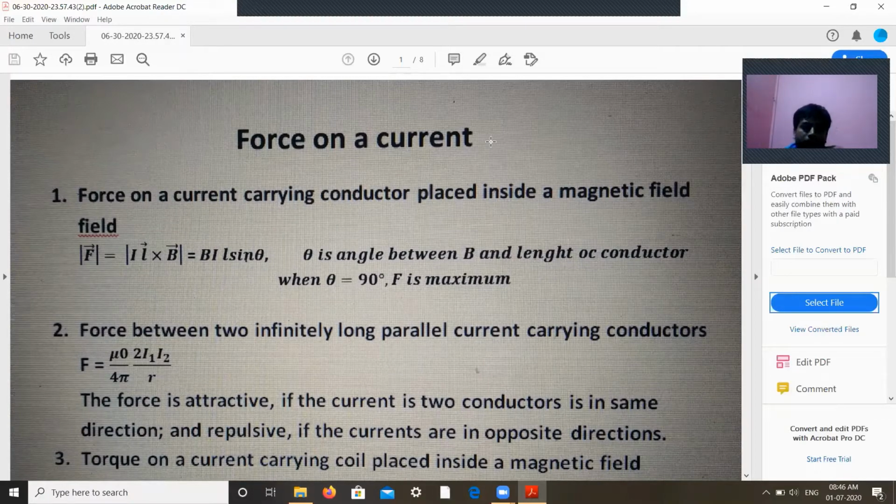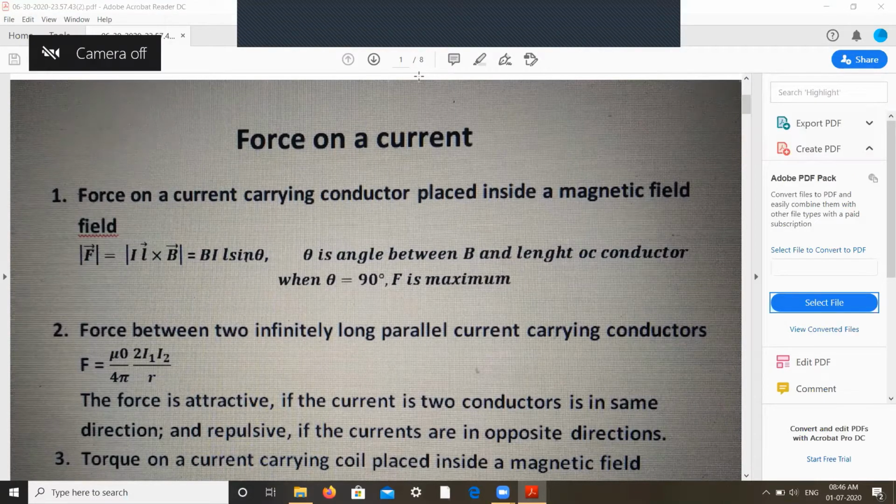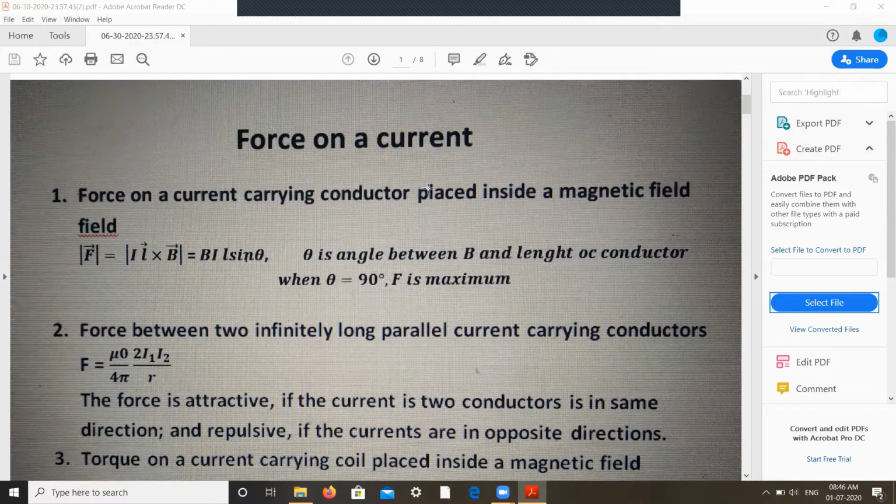Moving to the next point, the force between two infinitely long parallel current carrying conductors is given by force equals mu naught, which is the permeability of free space, divided by 4 pi, and this is a constant term.